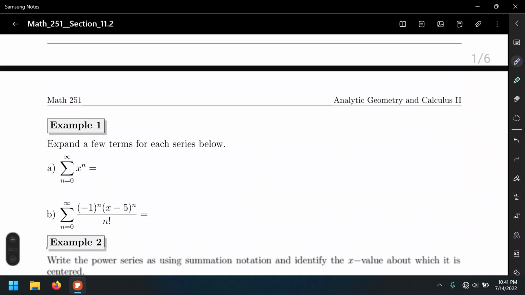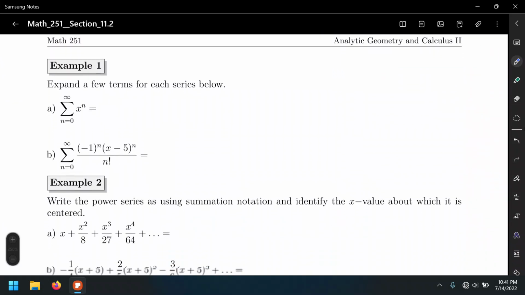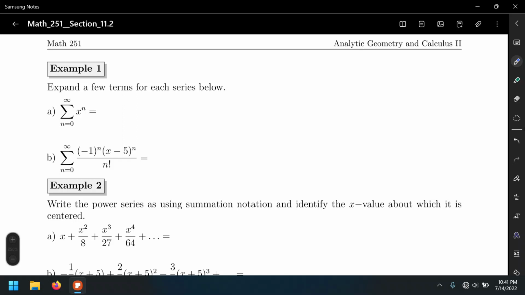But before finding the interval of convergence, let's play with some power series. We are given a couple of examples: expand a few terms for the given series. All we have to do is, in a very similar way to series of constant terms in the previous chapter, not with variables this time, the counter goes for the n and x remains there.